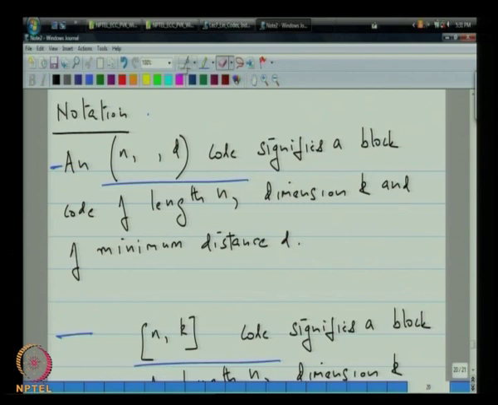What is typically used instead is the letter M, a block code of length n. Dimension does not necessarily make sense if the code is not linear, so we will say instead size M. There is a big difference between capital M and k, because if the code is linear, then M is equal to 2 to the k.